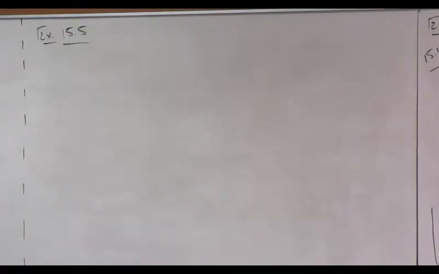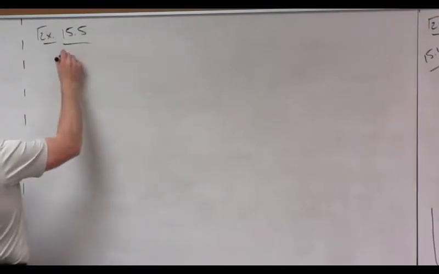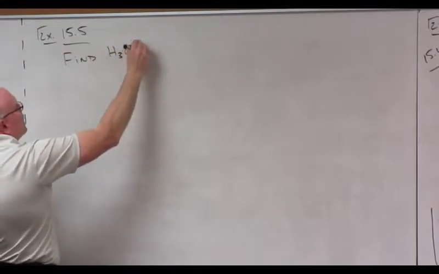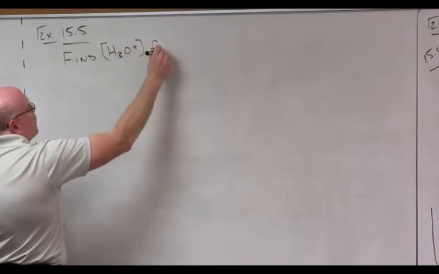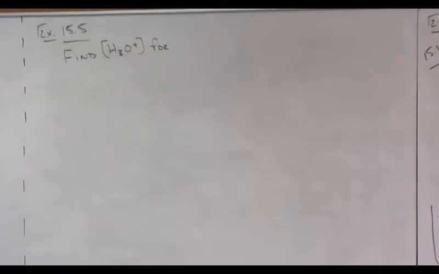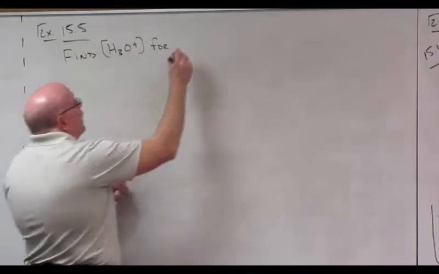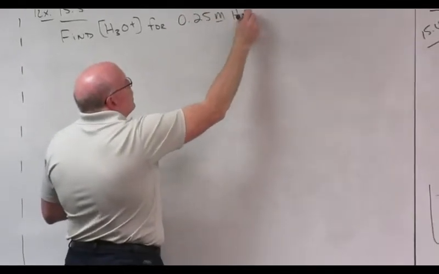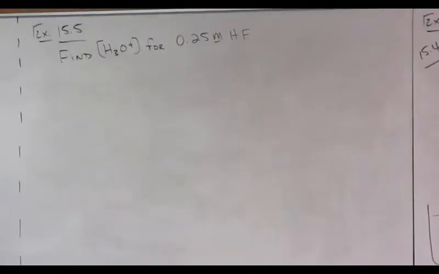Example 15.5 says find the H3O+ concentration for 0.25 molar HF. When you start to see these problems, a couple things to remember.